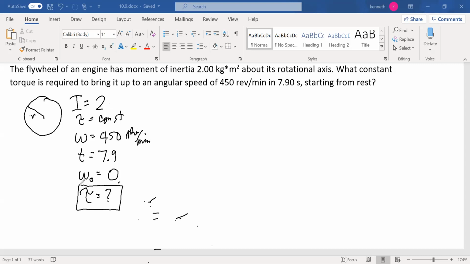We're given that the torque, which is the only torque, is I alpha.